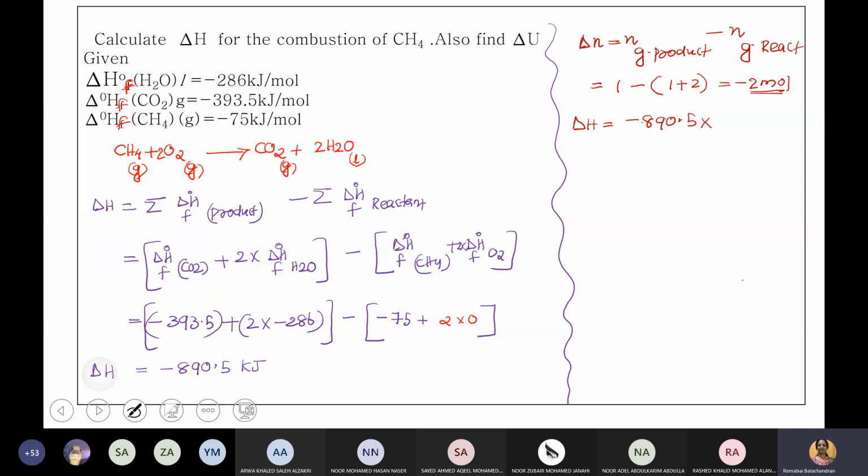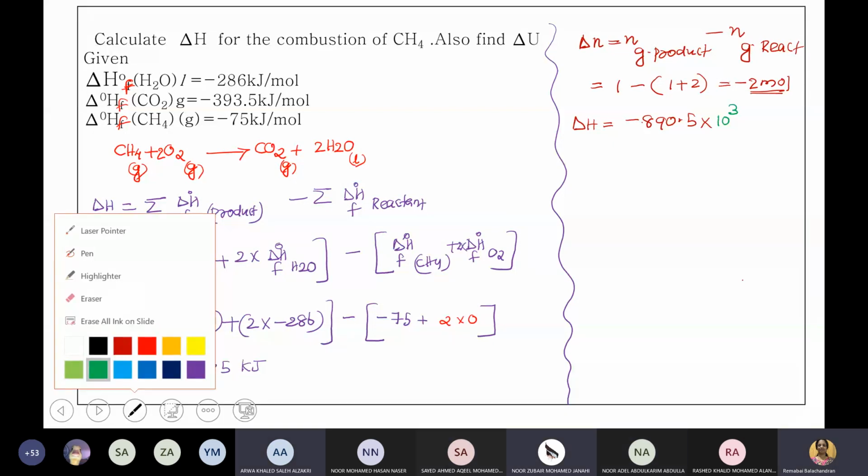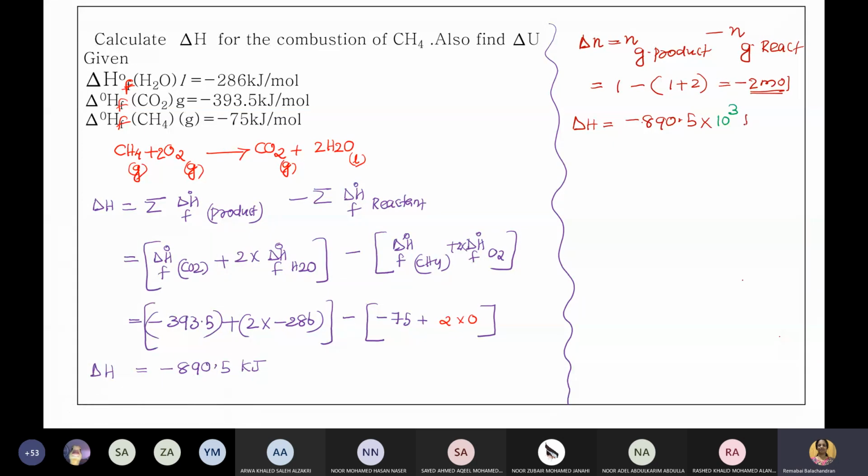The most important part. Here only you lose marks. Okay, dears, 10 to the power 3. Why did I make 10 to the power 3? Kilojoule to joule. Now the formula is delta H is equal to delta U plus delta nRT.